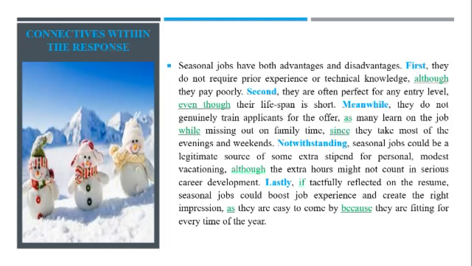Because in this sentence, you have only one independent clause, which is they do not genuinely train applicants for the offer, while you have three subordinating or dependent clauses, which are as many learn on the job, missing out on family time, and since they take most of the evenings and weekends. So you see how I have been able to use subordinating conjunctions to create complex sentences.